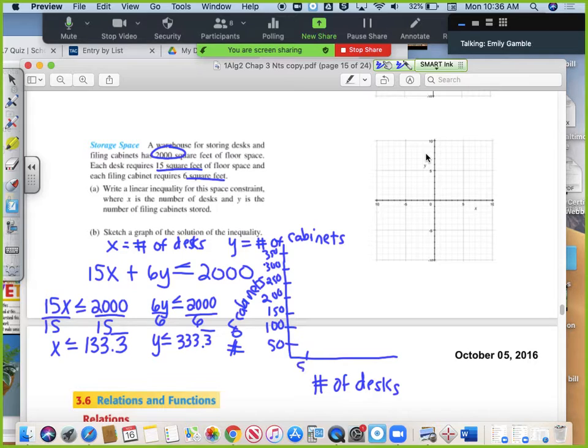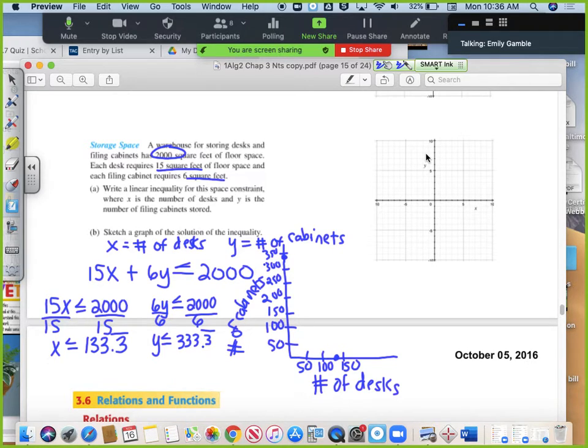And I'll go by 50s down here too. You don't have to go by the same thing for each one. For the x-axis, I need to plot about where 133.3 repeating is. So it's going to be in between 100 and 150, a little bit closer to 150, so I'm going to put it here. And then for the y, it's going to be in between 300 and 350, a little bit closer to 350, so I'll put it here.